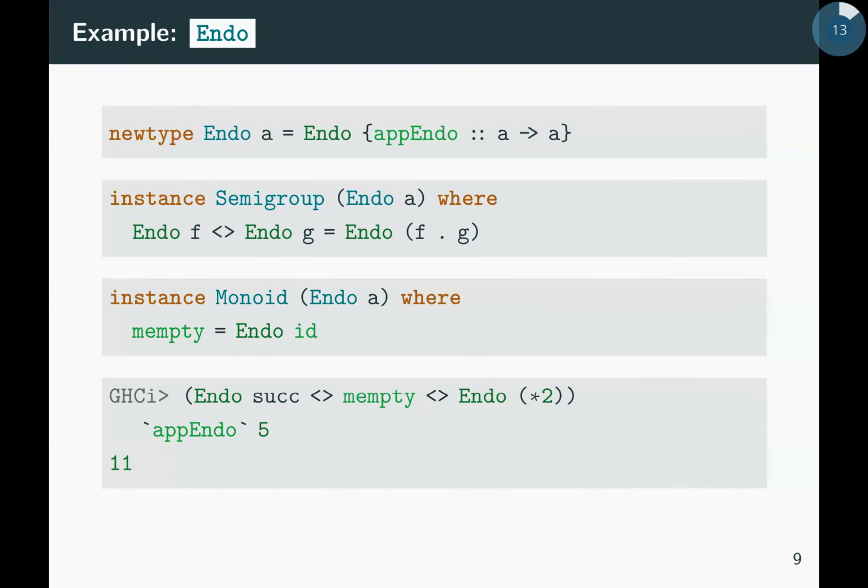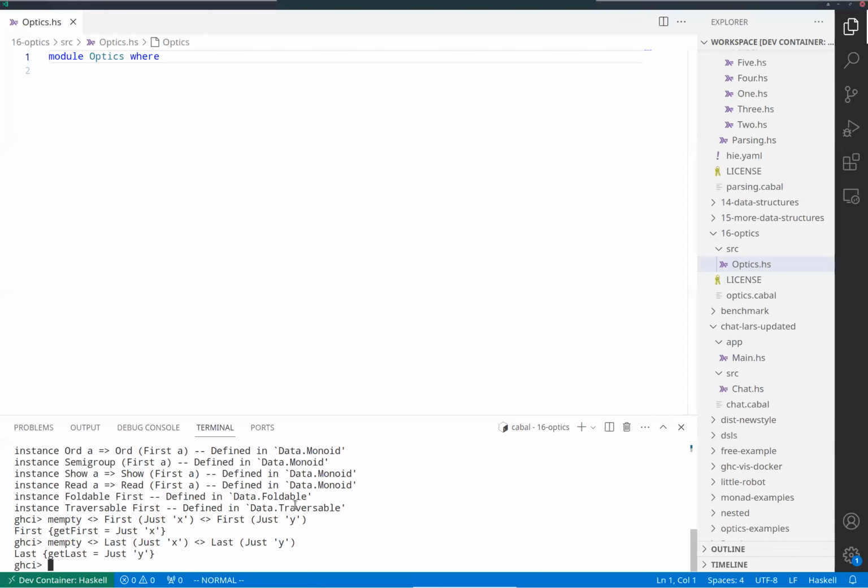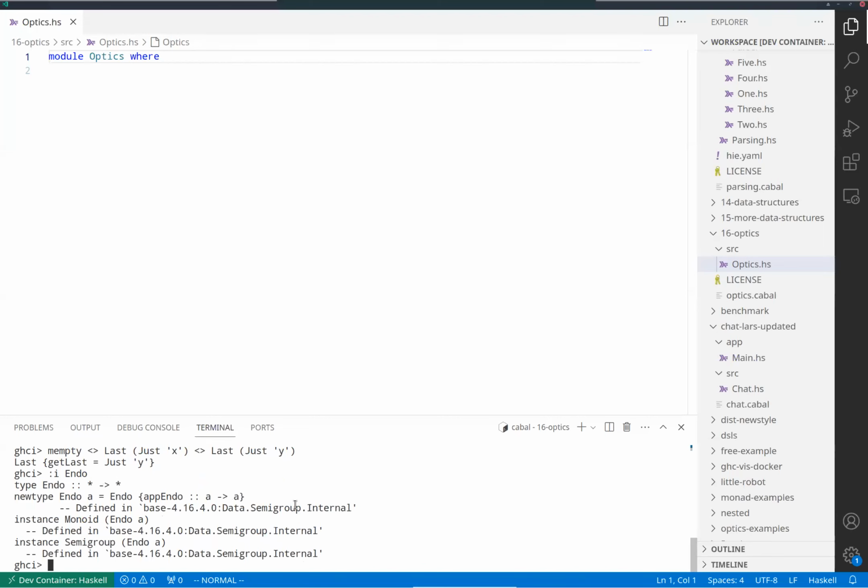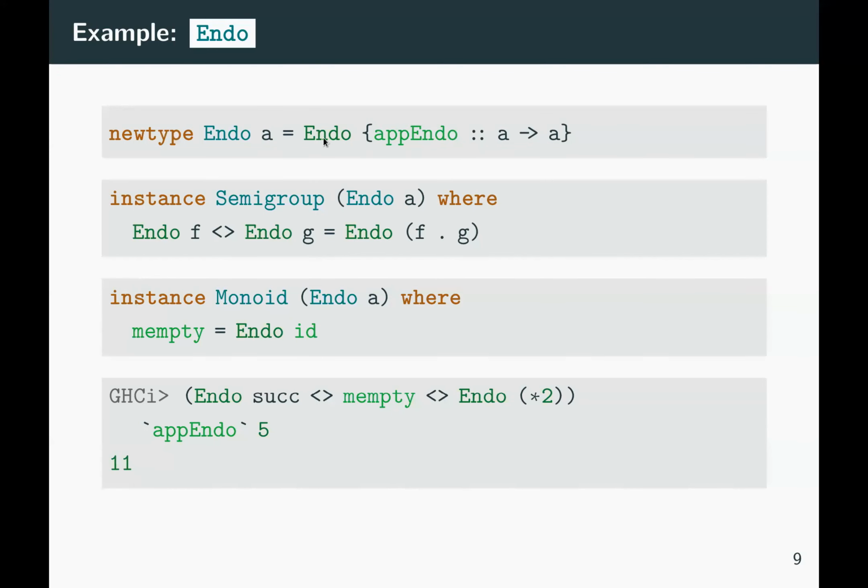Okay, and then there's a somewhat different example. It's called Endo, just not sure whether that is in scope. Yes, it is indeed. So Endo, for the mathematicians amongst you, there is a term in mathematics called endomorphism. That's a map from some space or set to itself.